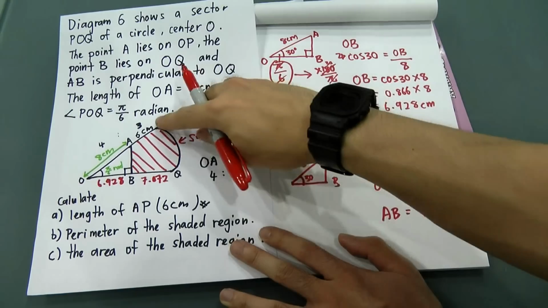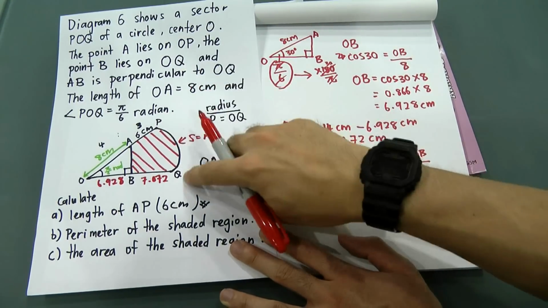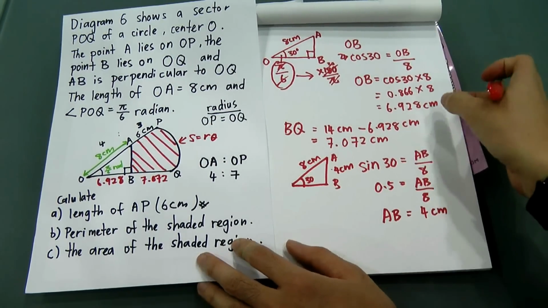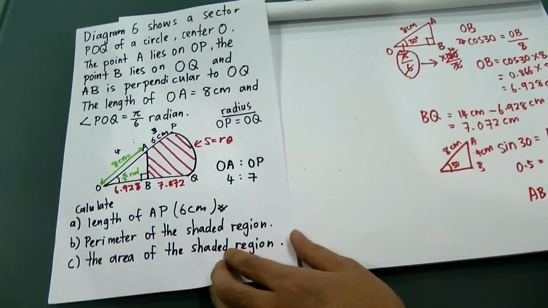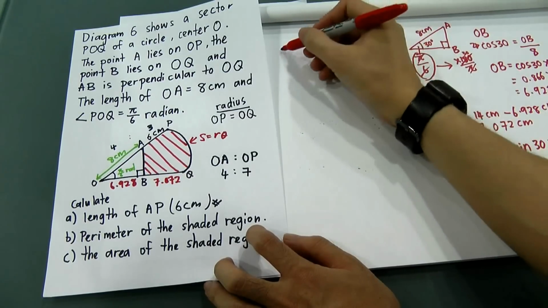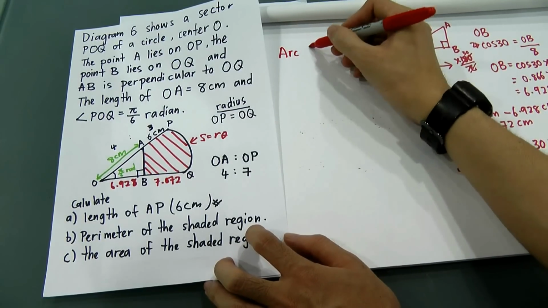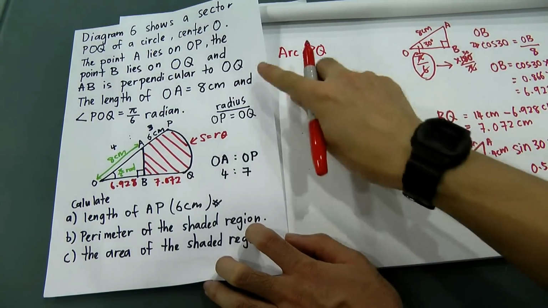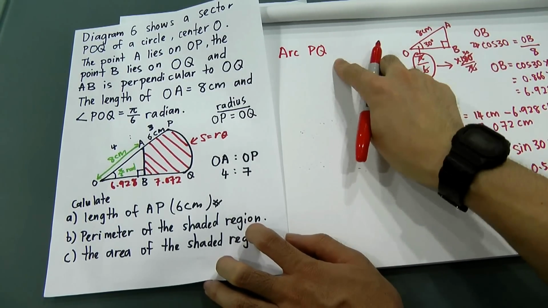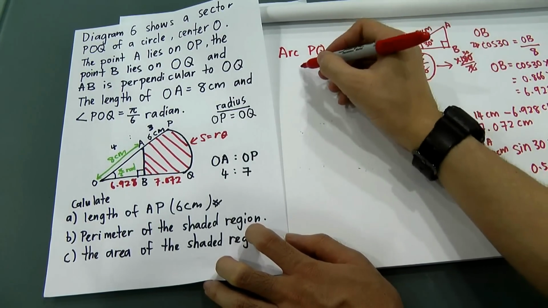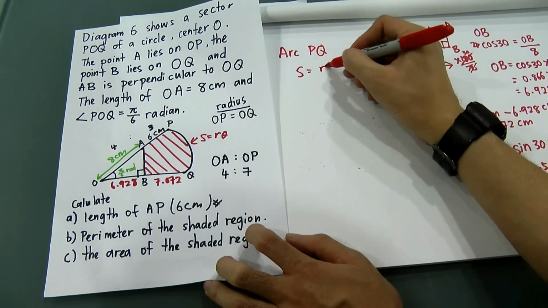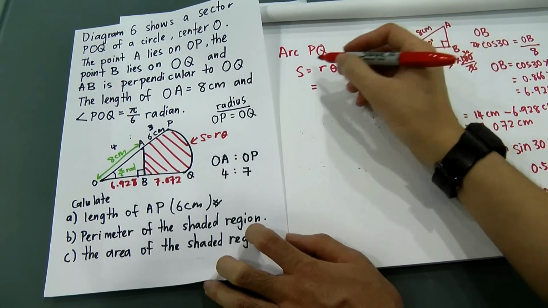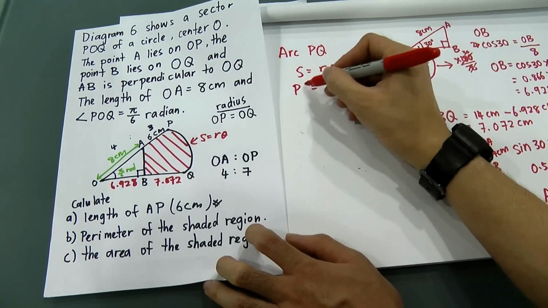So now we have to find the arc PQ. Okay, we just apply the formula. In order to find arc PQ in circular measure, there is a formula called S equals R theta. Now the S is PQ.